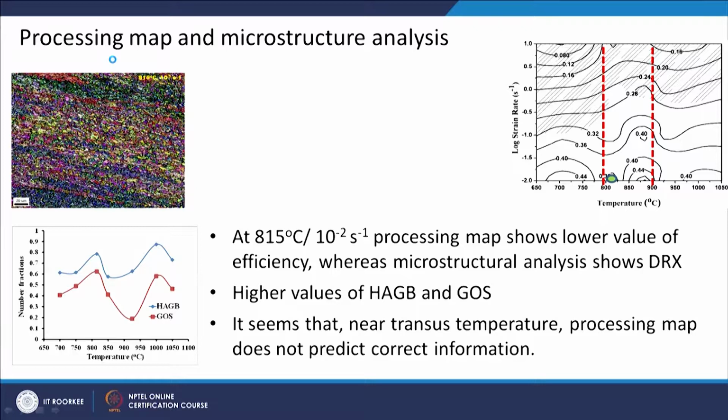And to confirm our earlier analysis, that at 815 though it is showing lower efficiency, in microstructure I was seeing high fraction of grains with low grain orientation spread, similarly high fraction of high angle grain boundary, and this is a microstructure very different from the earlier microstructure.